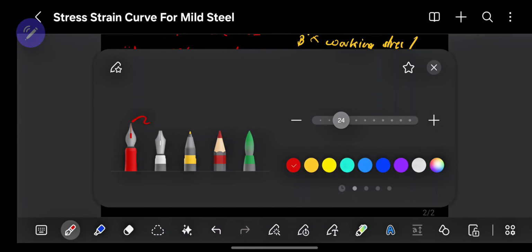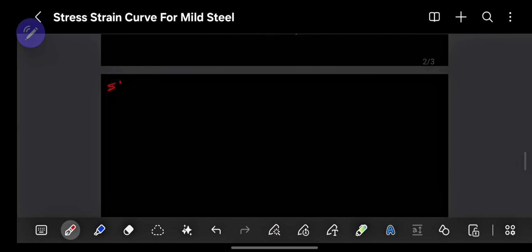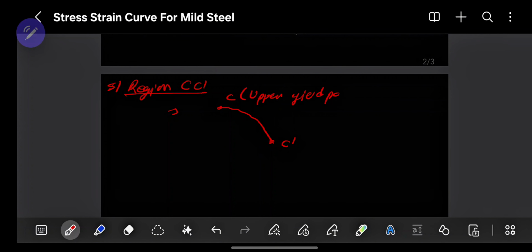So now moving on to the region C dash, which we certainly know from the above slide, that is from C to C dash, C is the upper yield point and C dash is the lower yield point.